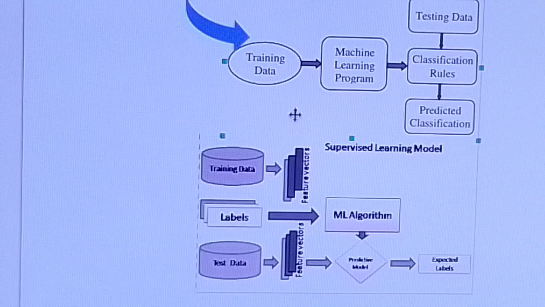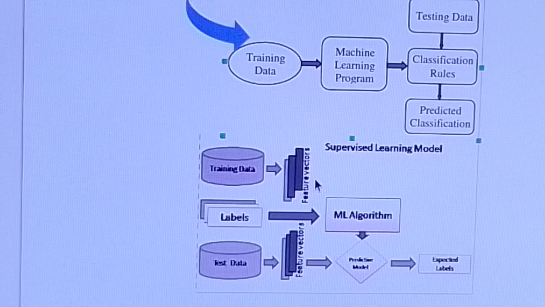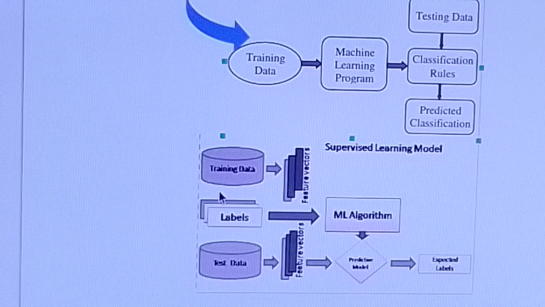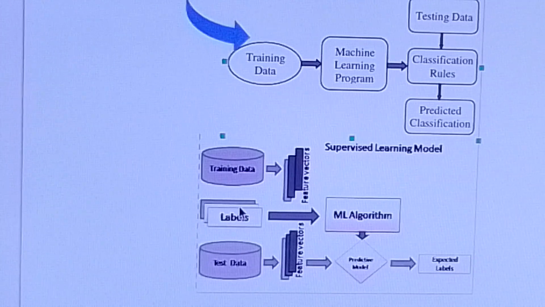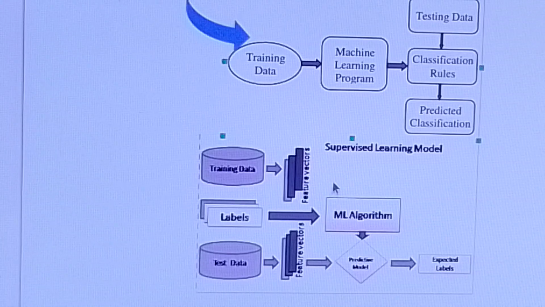And also, as I've already explained, supervised machine learning algorithm only deals with labeled data sets, labeled data or information. So here you can see it from training data. This is a supervised learning model. Then it comes with this ML algorithm. Then the prediction model here. That's the output, and then we basically have the expected labels. That is the output coming out.